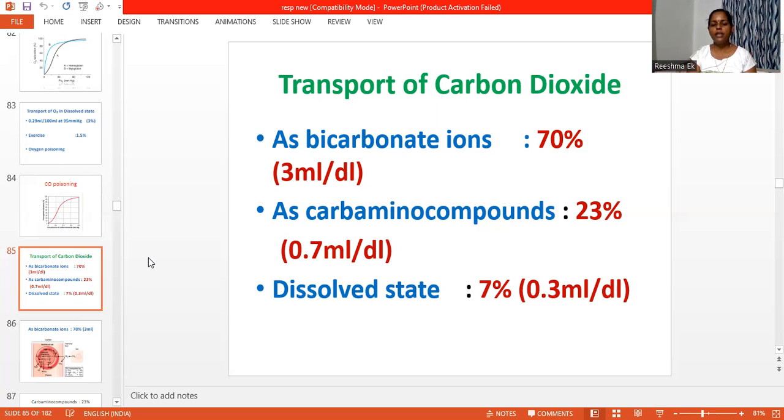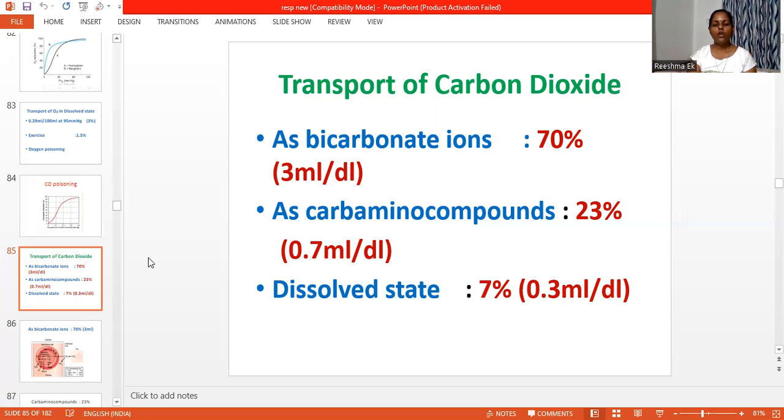So carbon dioxide combines with amino acids, some proteins, and also with hemoglobin and forms carbamino compounds. That combination of carbon dioxide with hemoglobin is known as carbamino hemoglobin. 23% of carbon dioxide is transported as carbamino compounds.